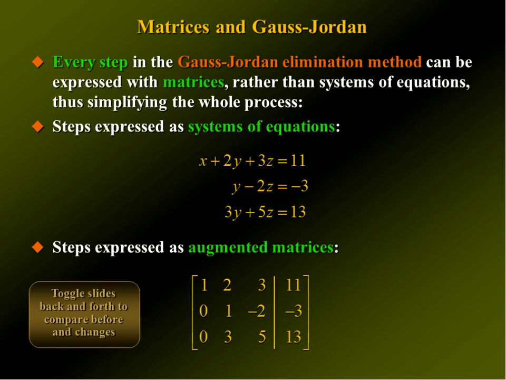So I apply some operation over here, then I get the value. To get 1, what do I have to do? I have to do R2 divided by 2. I got the value 1.